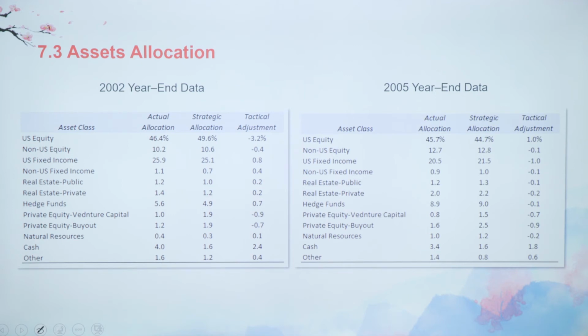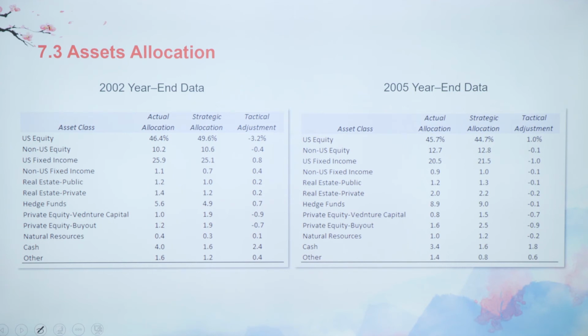Let's have a look. The first column is our asset class, and we can see we have different asset classes from U.S. equity, non-U.S. equity, etc. And the second column is our actual allocation. So this is the actual portfolio investment weight.